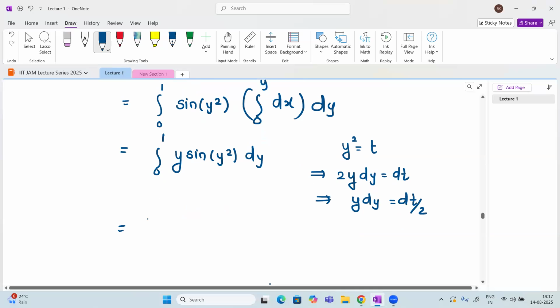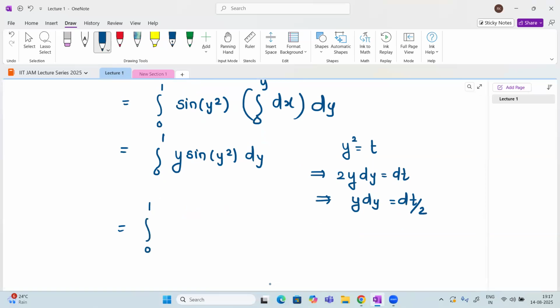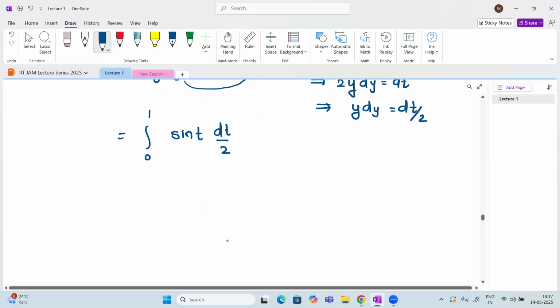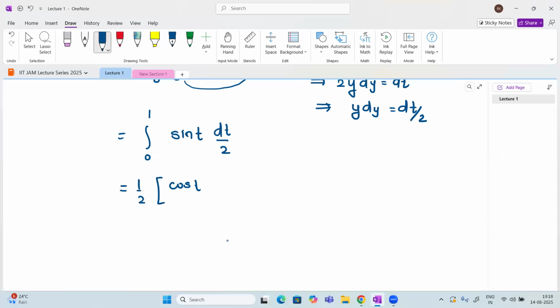Yes, sir. I'm writing directly 0 to 1 sine t, and this y dy will be replaced by dt by 2. What is constant here? Half is constant. I will take it outside. 1 by 2, integration of sine t is minus cos t, limit 0 to 1.